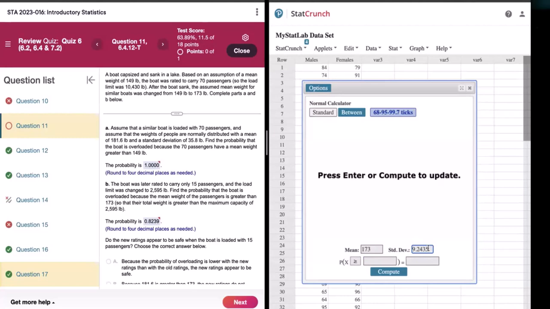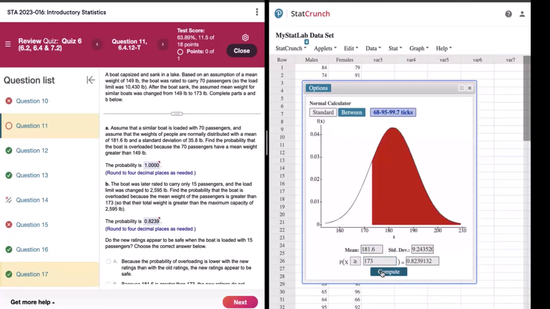I'm sorry, Dylan, I think you have to go back to 181.6, and use the new square root of 15 for him and the square root of 14 for me. You have to go back to this 181.6, because that's the one they're giving you the standard deviation with. 173. Yeah, that's it.